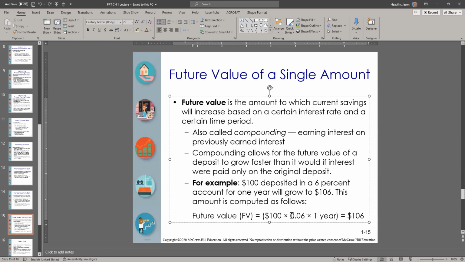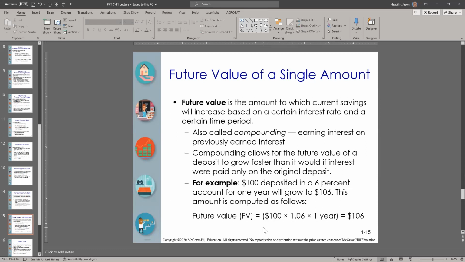Here we are missing a 1. So if you take the $100 and you multiply it by the 6%, now we have to put a 1 in front of it to reflect the growth.